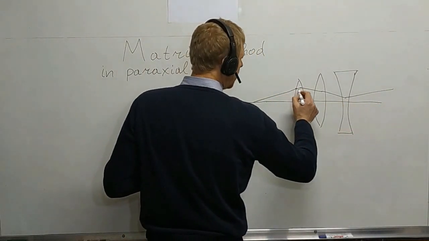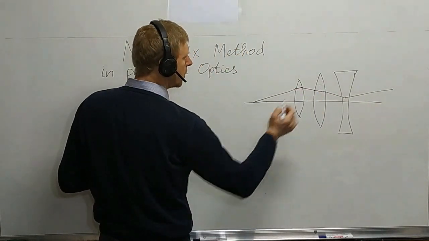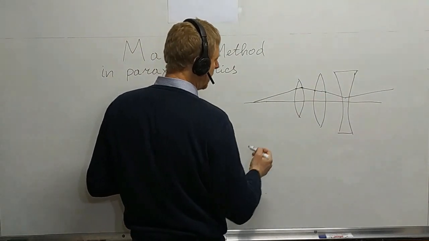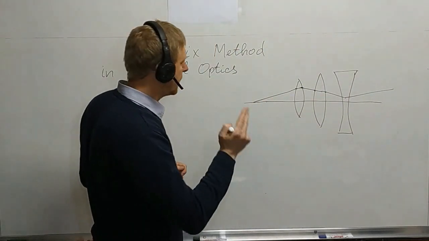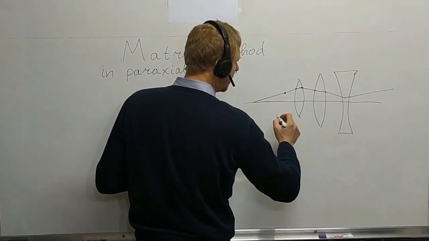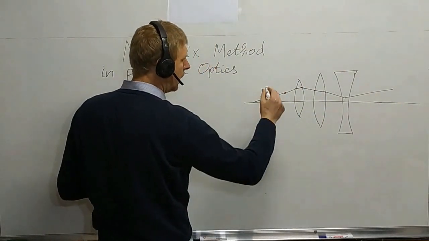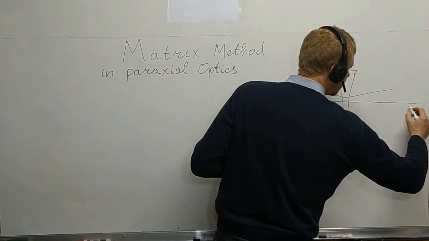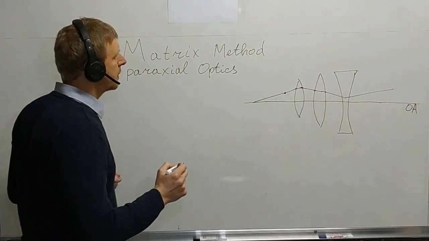In every point of the system, let's say on each surface or everywhere on the system, the ray will be characterized by two numbers. These two numbers are the position of the ray, the height of the ray above the optical axis. So this is the optical axis.